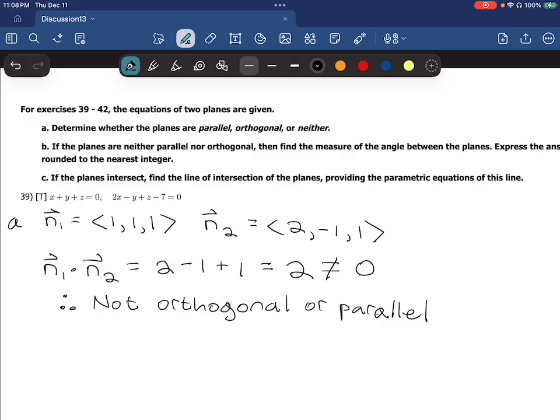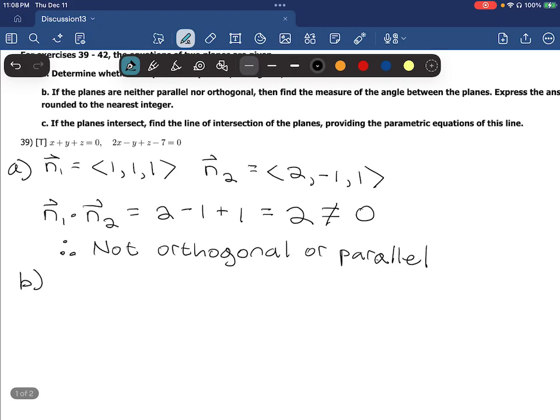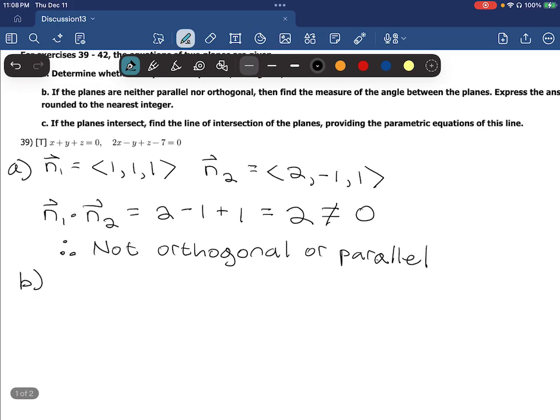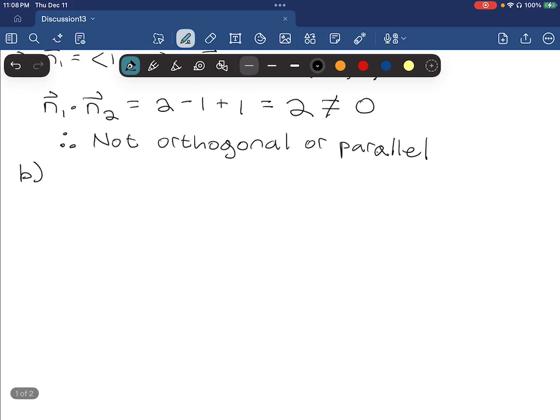So this was A. Now we're going to do B. If the planes are neither parallel nor orthogonal, then find the measure of the angle between the planes. Express the answer in degrees, rounded to the nearest integer.